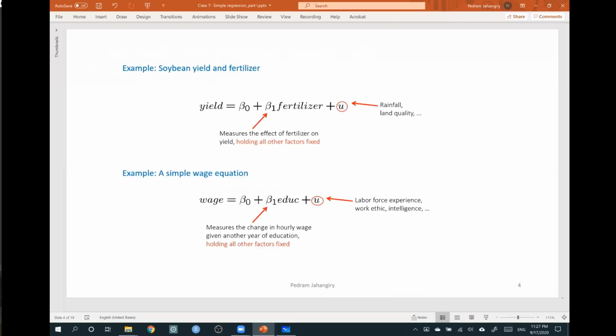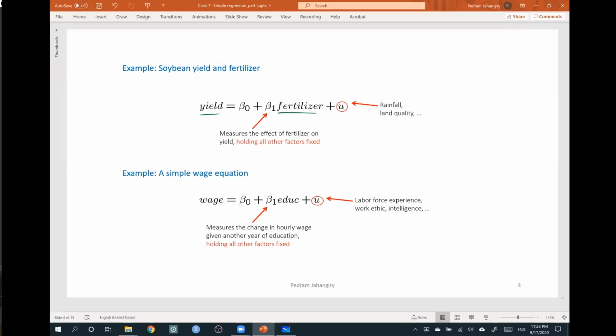Now let's look at a couple of examples from the textbook. So imagine we are regressing, and sometimes I call it regress Y on something. So this is how you read it. We are regressing yield on fertilizer. So you want to see what is the impact of fertilizer on soil yield.